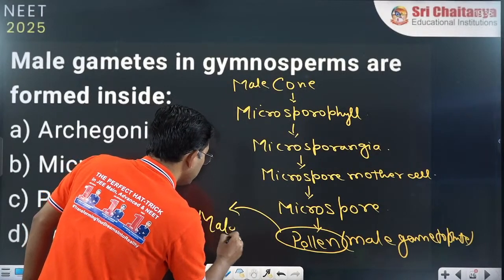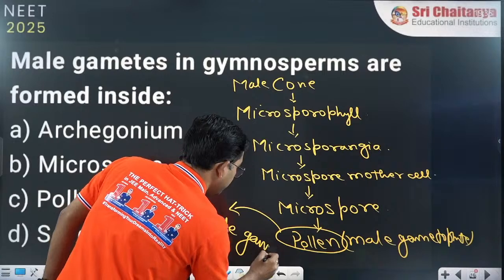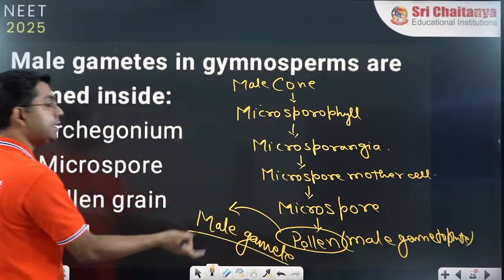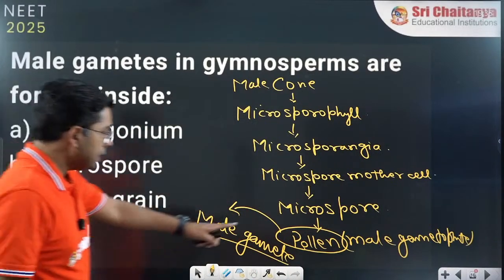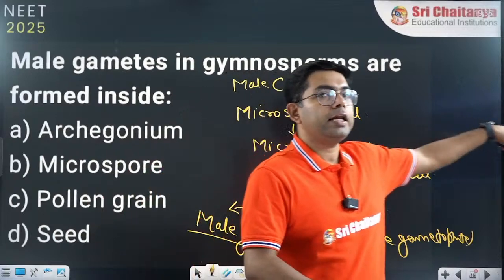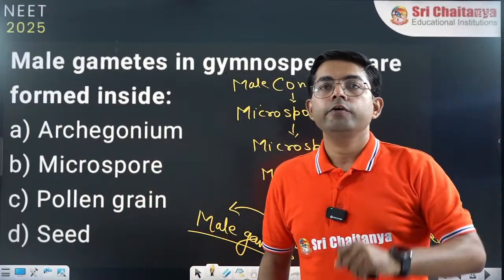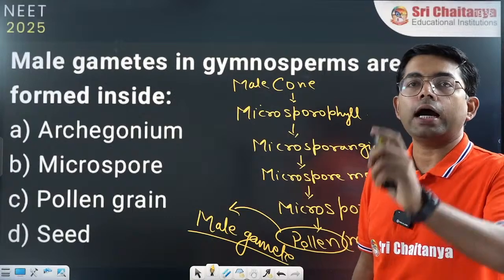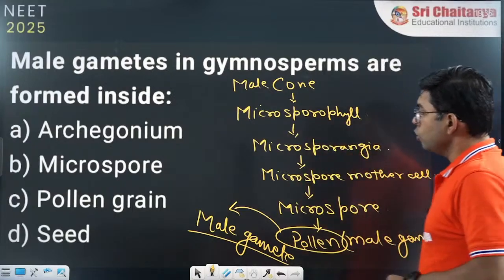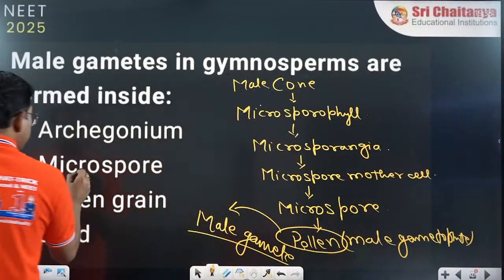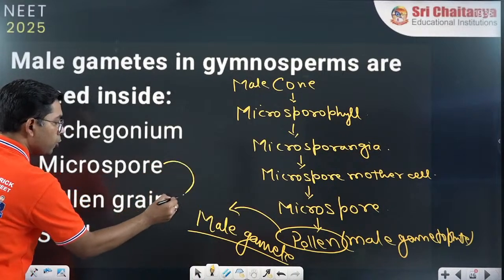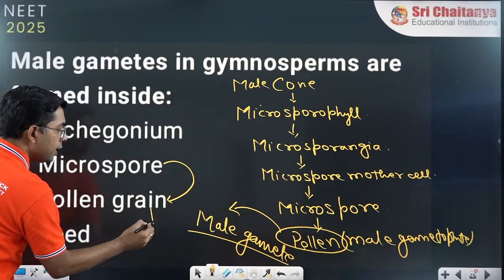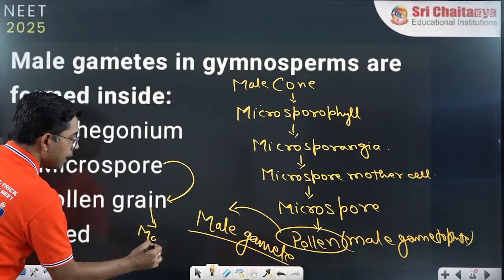This pollen grain has male gamete. Male gamete is present inside the pollen grain. That is why pollen grain will go and pollinate the female gametophyte or archegonium. Understood? So remember, this microspore gives rise to pollen grain, and pollen grain has male gamete.